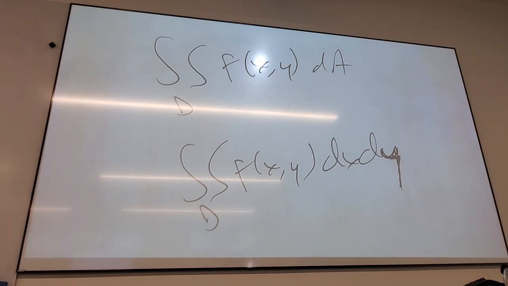So the idea of a double integral is independent from the coordinates you use, but the expression for dA is completely dependent. So it's going to be a double integral of a function dA. Depending on what coordinate system I'm in, dA is going to be different.